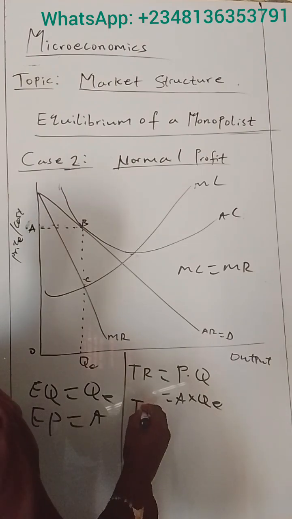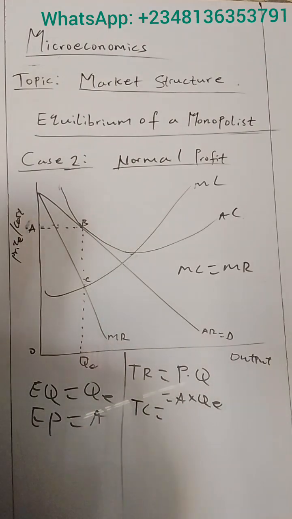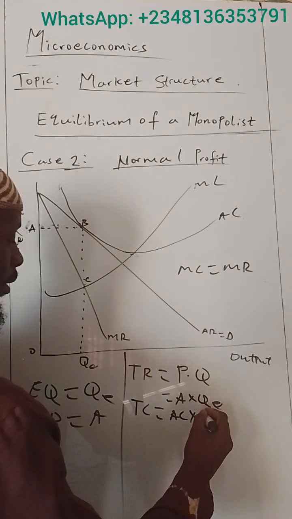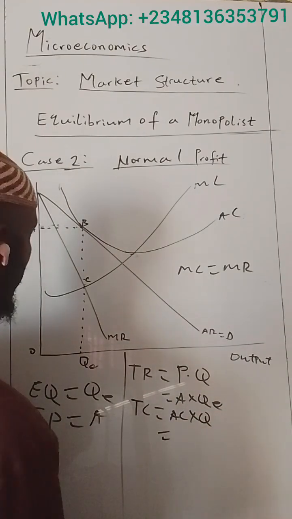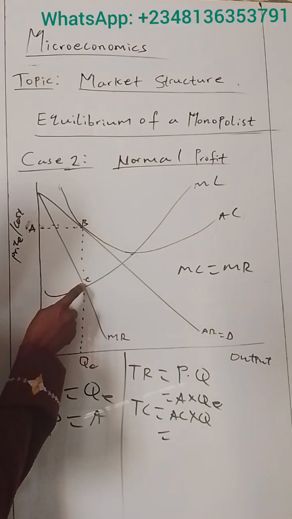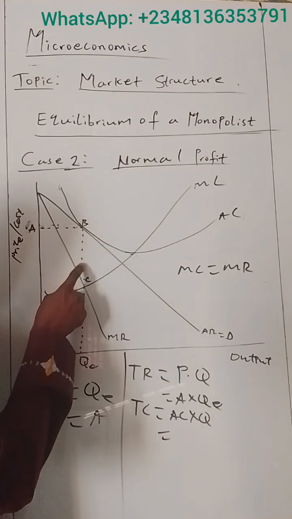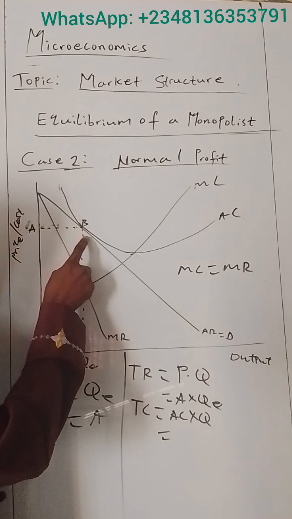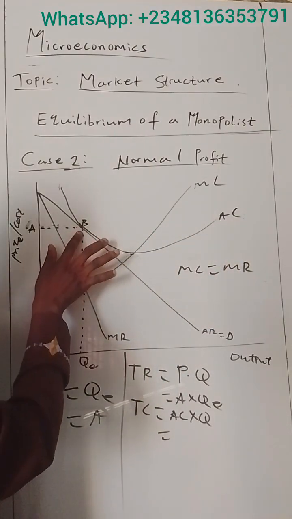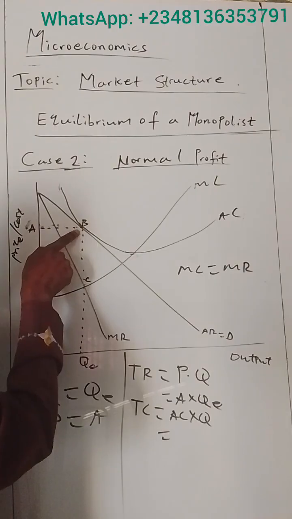So what of our total cost? Don't forget, generally the formula for calculating total cost is AC multiplied by Q. So what is our AC? We check the equilibrium and we continue to trace until this dotted line touches the AC curve. You can see it touches the AC curve at the same point where we were looking for the price.